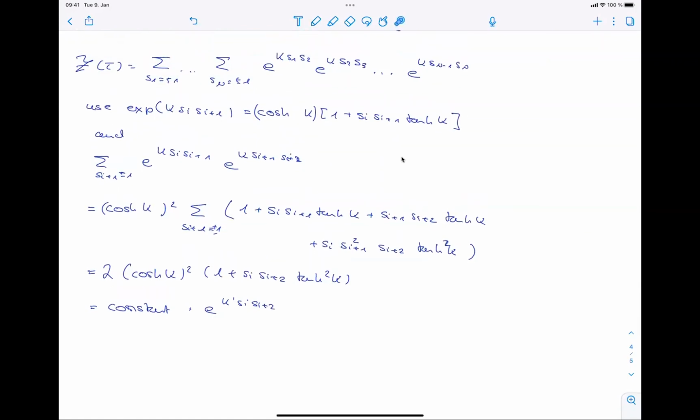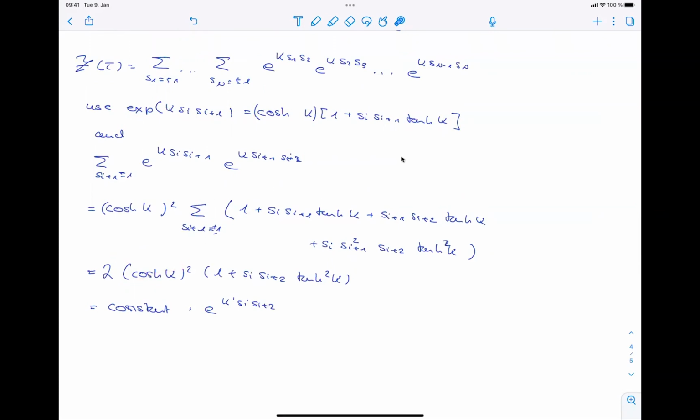Looking back at this formula again, what we did up here is use the trigonometric identities to write the exponent of k s_i s_(i+1) as a constant times 1 plus s_i s_(i+1) times a factor related to k. And now we're just doing this in reverse.